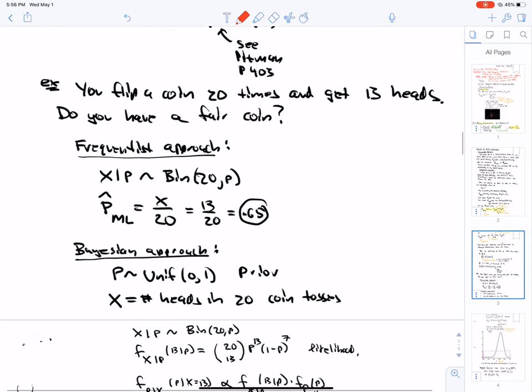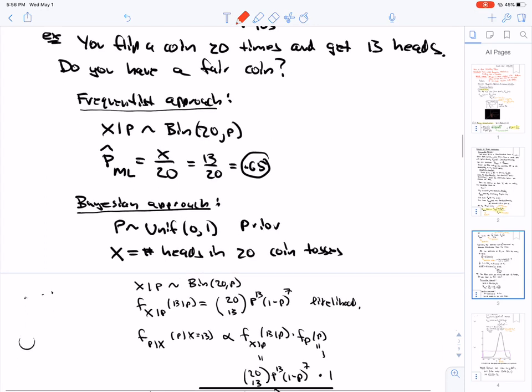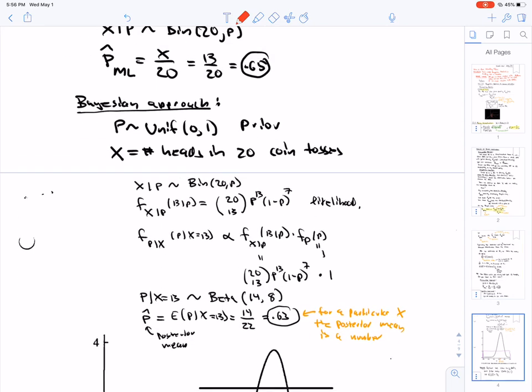You flip a coin 20 times and get 13 heads. Do you have a fair coin? Well, the frequentist approach would be to compute an ML estimator, which is 0.65. The Bayesian approach would be to say, okay, I don't know anything about this coin, so my prior is just going to be flat.